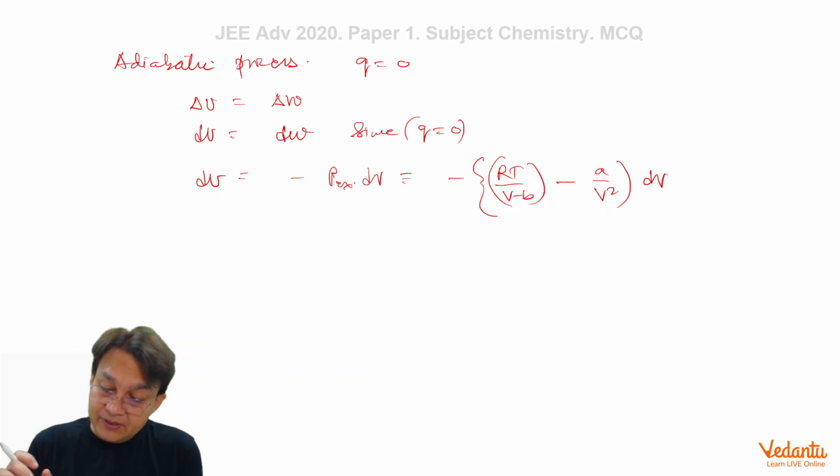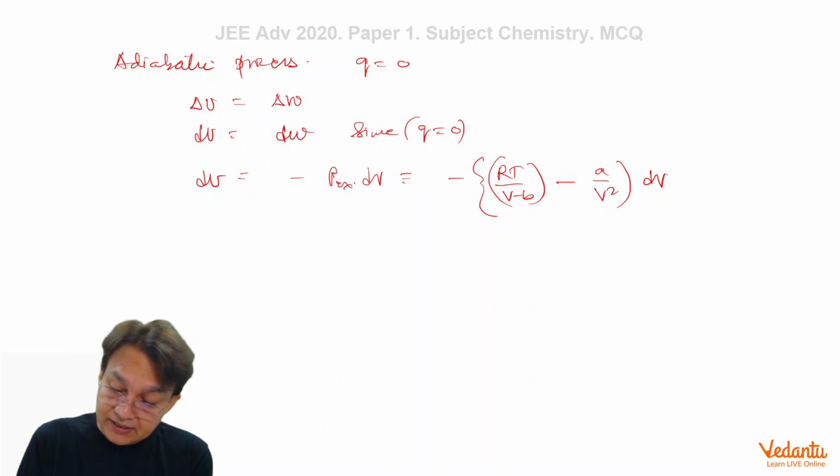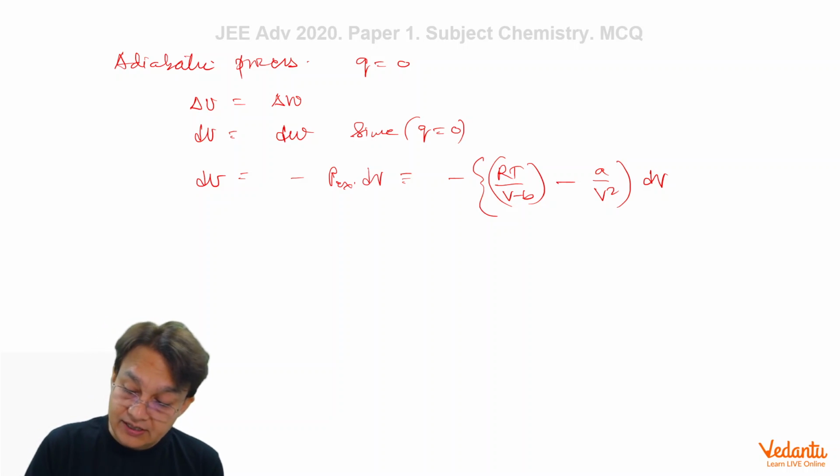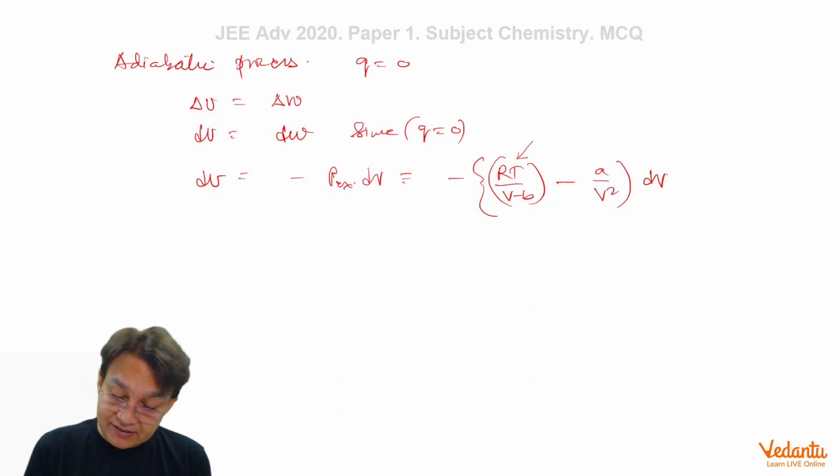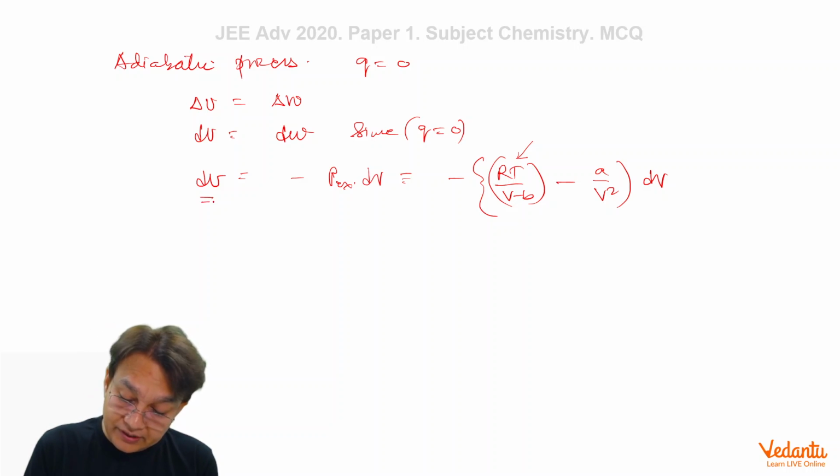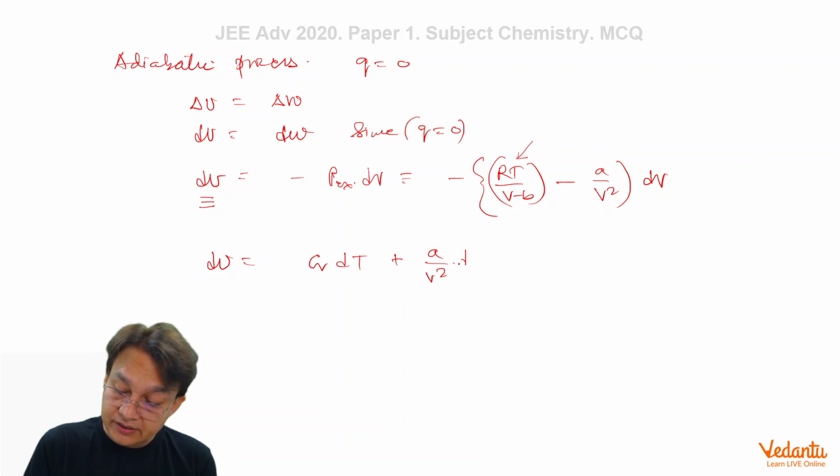But when we apply it to an adiabatic process, T is going to change, and it is slightly tricky because in an adiabatic process dU is given by Cv dT plus a upon V square into dV.